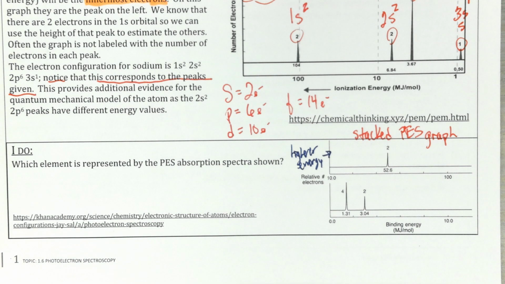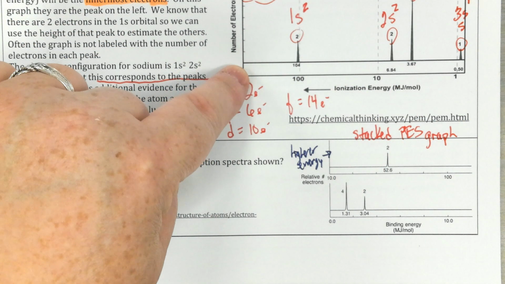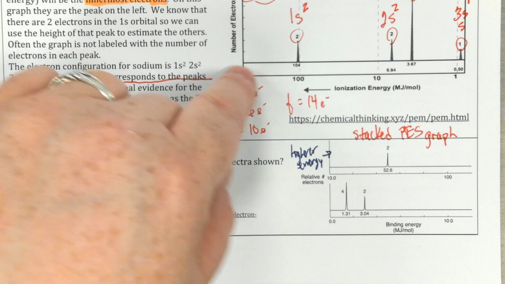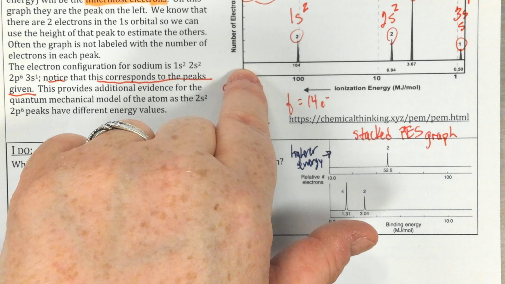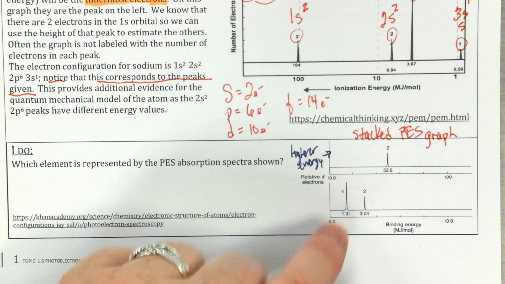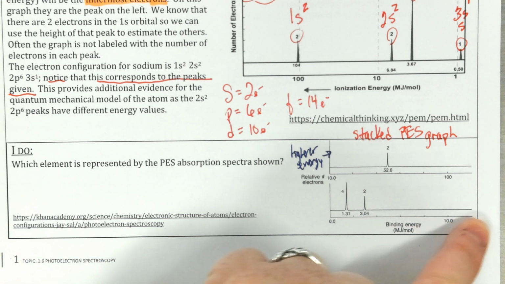That's the other thing you have to recognize. If it's a stacked PES, the part right here is not the lowest. These kinds start with the highest energy because it's one big long graph. These, because they're separated, they start with the lower energy at the bottom and go across and up to the high energy.